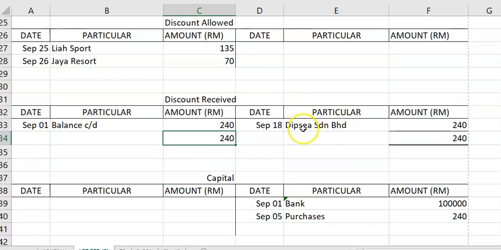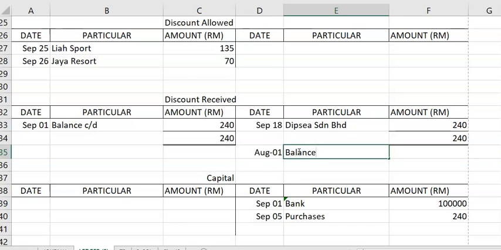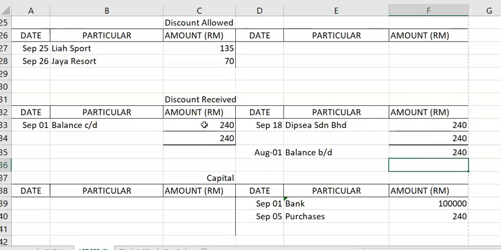Even though it has one transaction, you still need to calculate the ending balance of that account. So your opening balance for the next month here is the same as the closing balance of the last month.